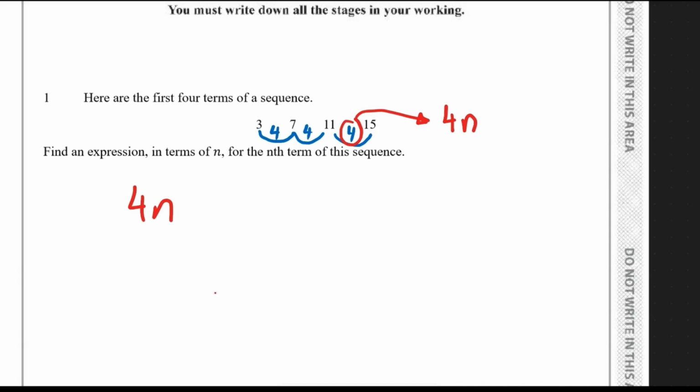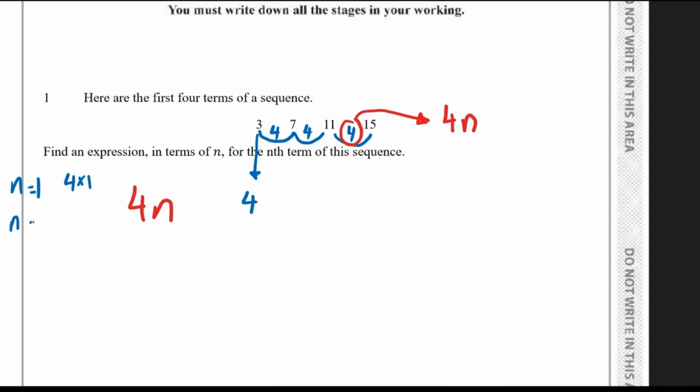So let's try now when n equals 1 here. When n equals 1, 4n times 1 would be 4. So I will write the first term of my new sequence, which is 4n here, as 4. And look at the second term.